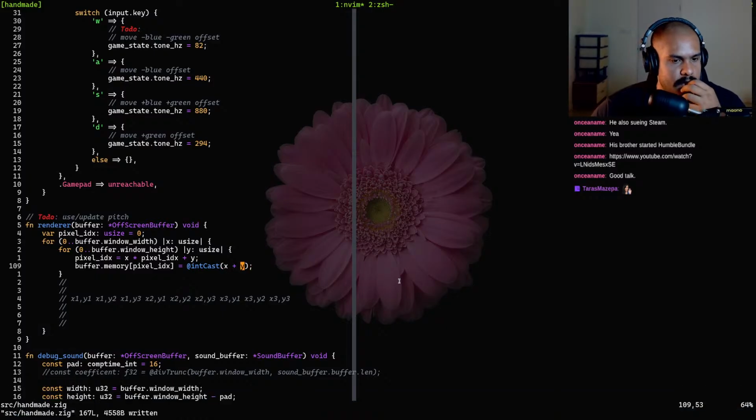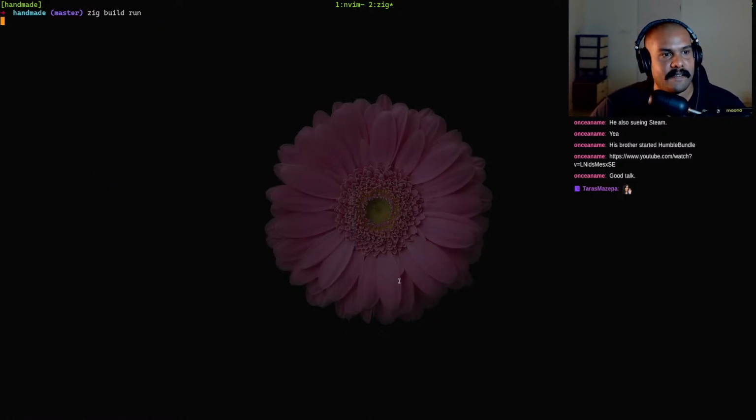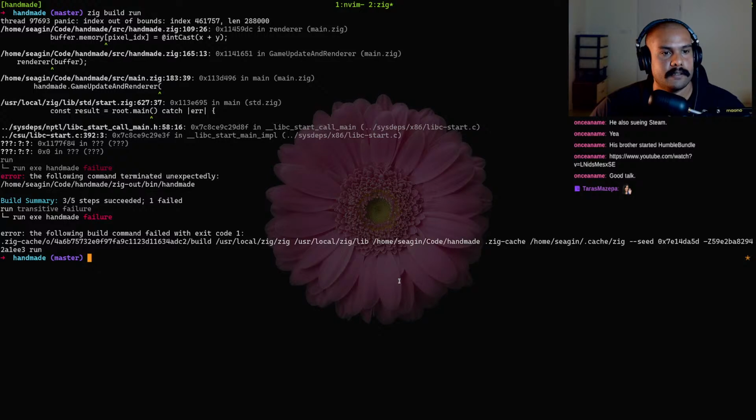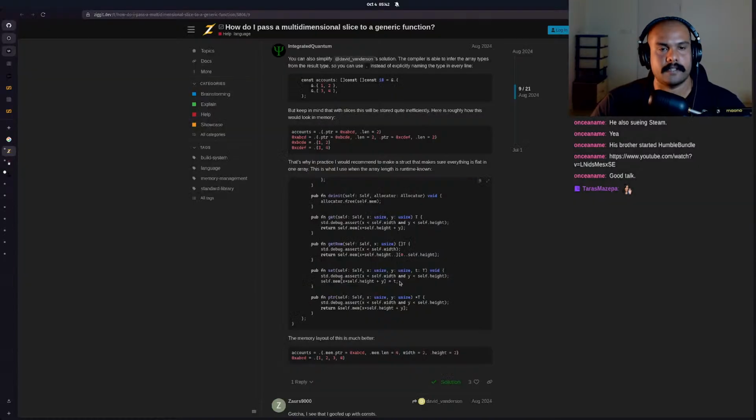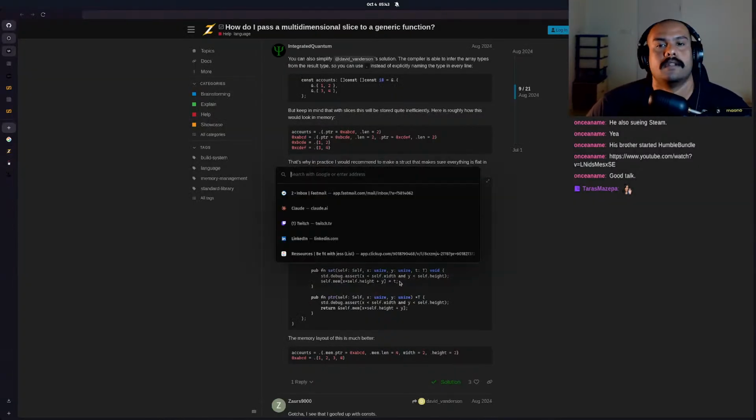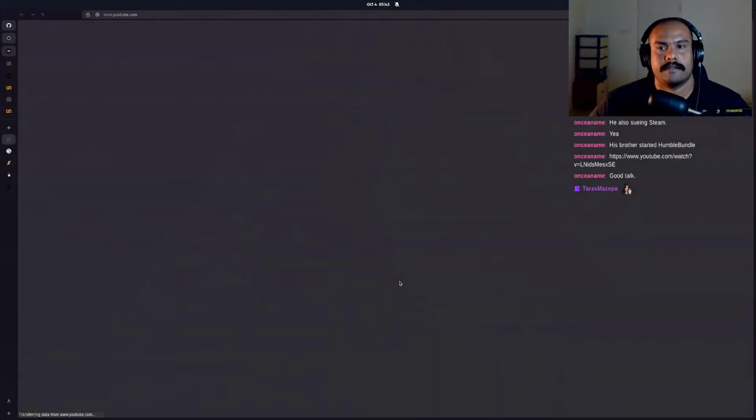I have a feeling this is exactly like what it was before. Okay, at least something's wrong. Index out of bounds. Okay, I'll check that later. Let me have a look at.